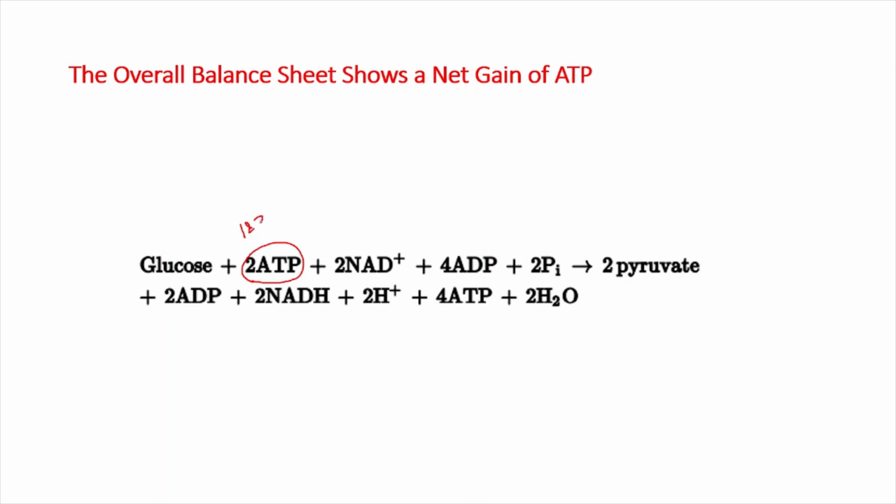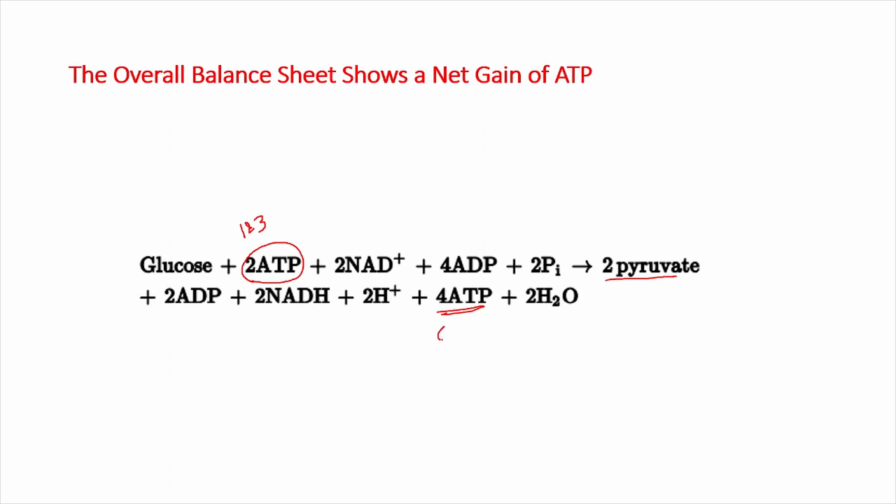So here 2 ATP and 2 NAD plus, plus 4 ADP plus 2 Pi gives you 2 pyruvate. So from 1 mole of glucose we get 2 moles of pyruvate, plus 2 ADP plus 2 NADH plus 2 H plus, plus 4 ATP, plus 2 H2O. So from 1 mole of pyruvate we get 2 ATP molecules. So from 2 moles of pyruvate we are getting 4 ATP molecules.